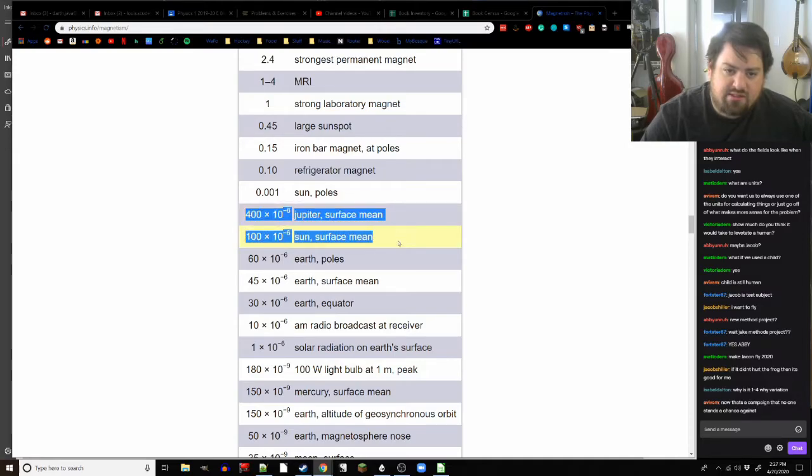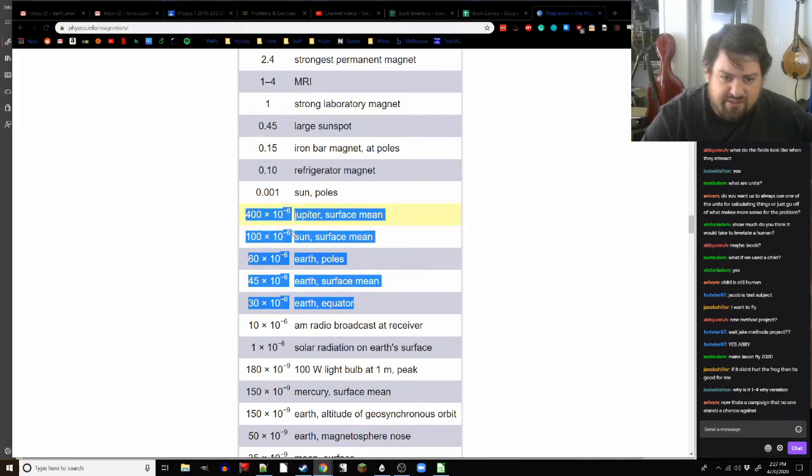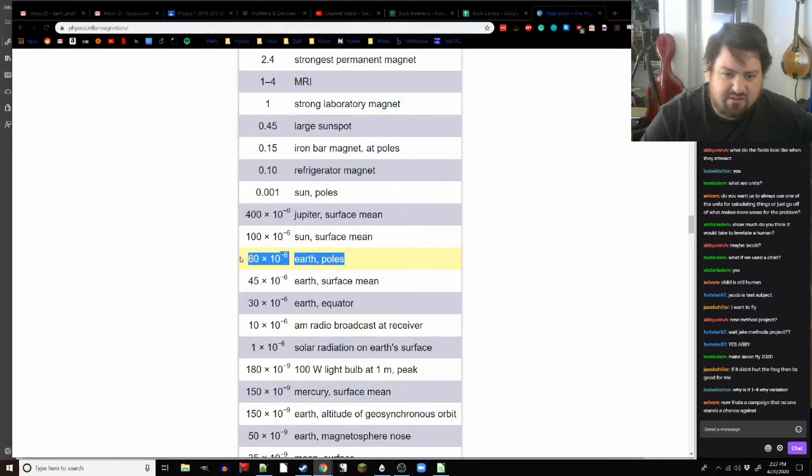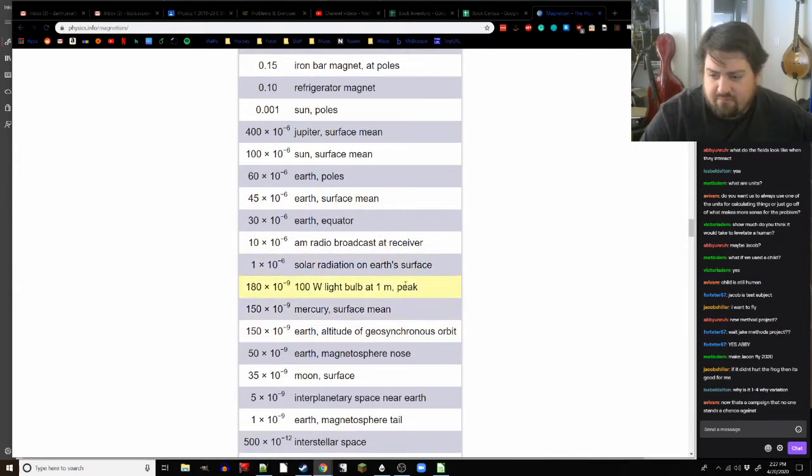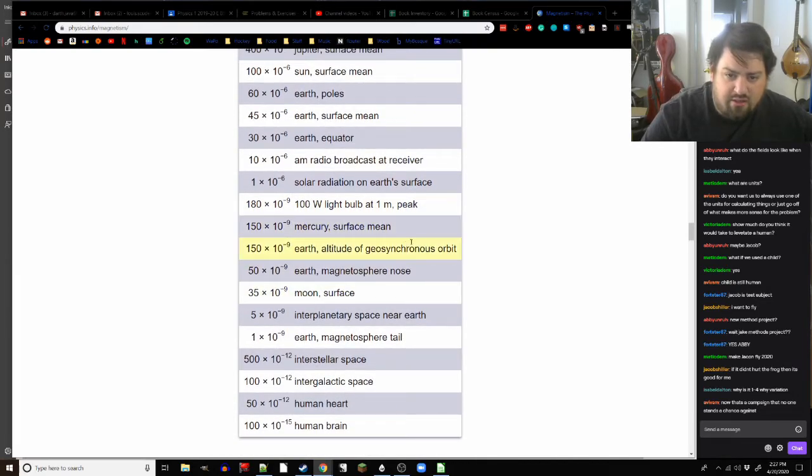Like, these magnetic field strengths for planets and even the sun are really small. We're talking about 60 millionths of a Tesla, right? Or a few Gauss. Let's see.